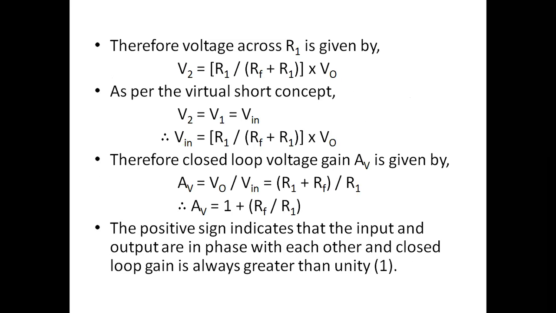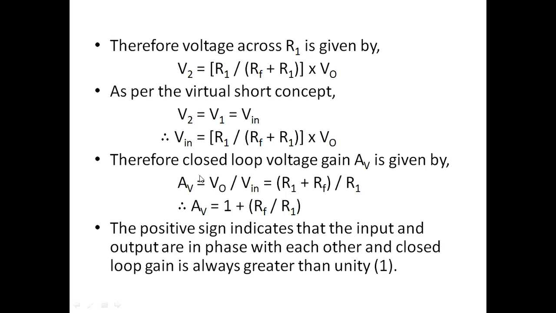According to the voltage divider, you will get R1 upon RF plus R1 into VO, the output voltage. But according to virtual short, if one voltage is connected to the other, they are virtually shorted. So we can take V in equal to V1 equal to V2. So you can take that V2 equation for V in.